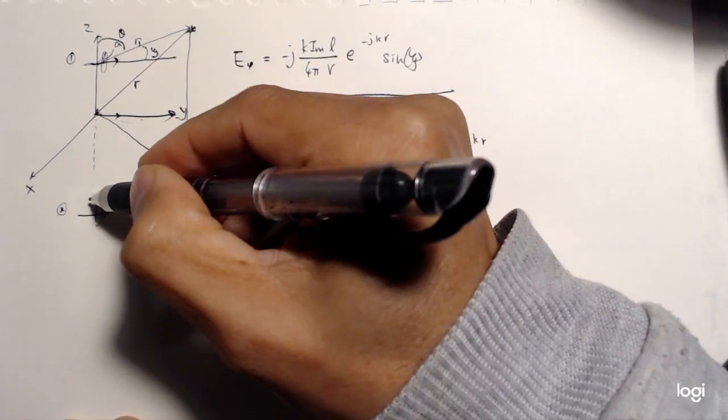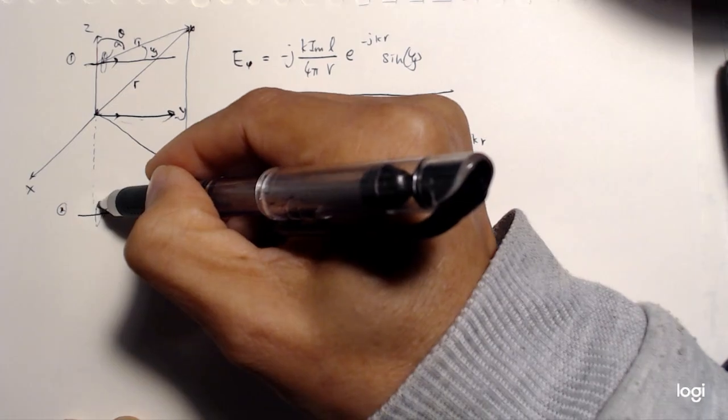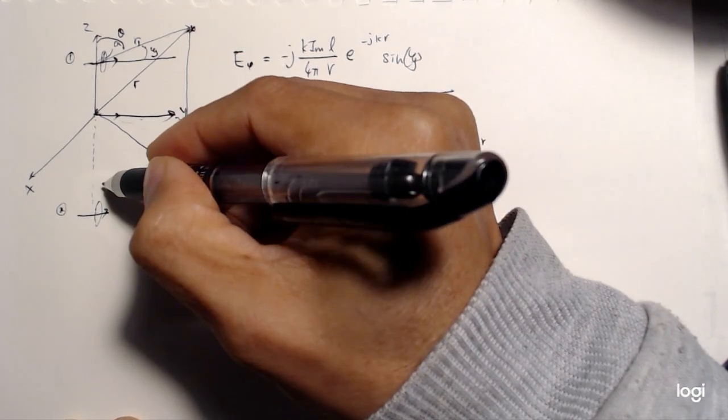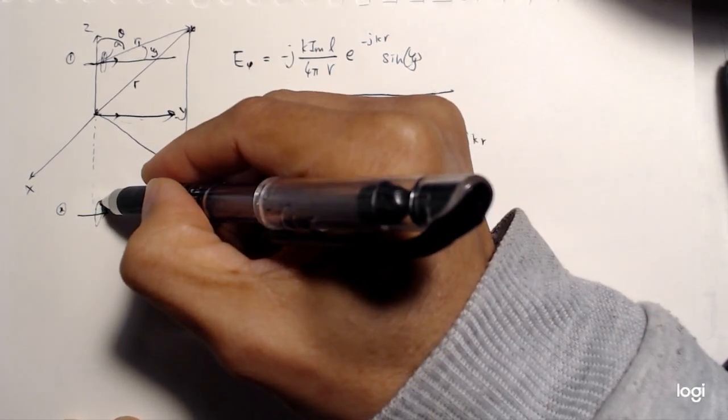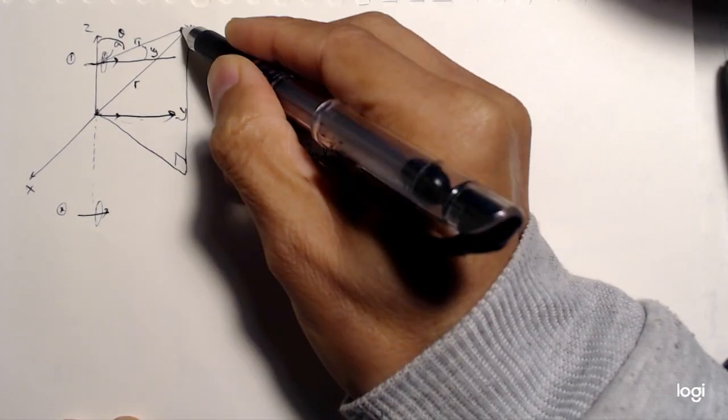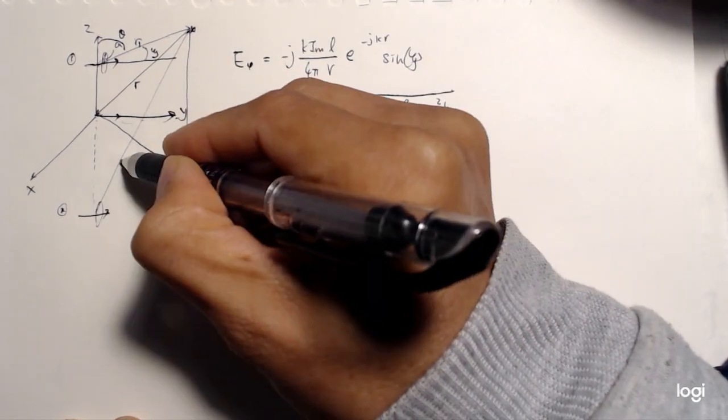For the image antenna behind the xy ground plane, we expect the distance between the image antenna and the observer to be R2.